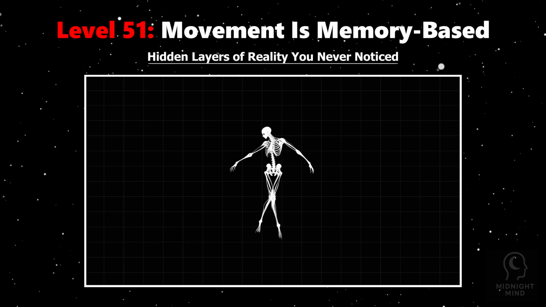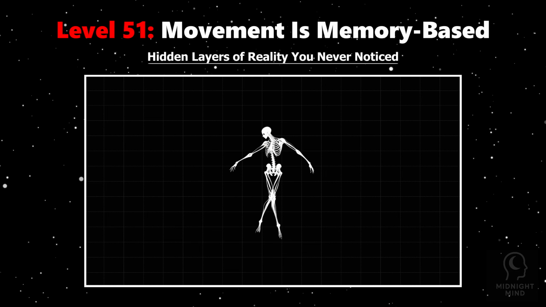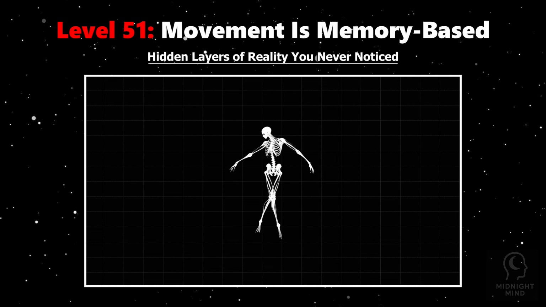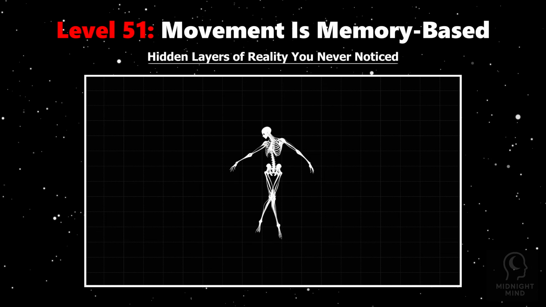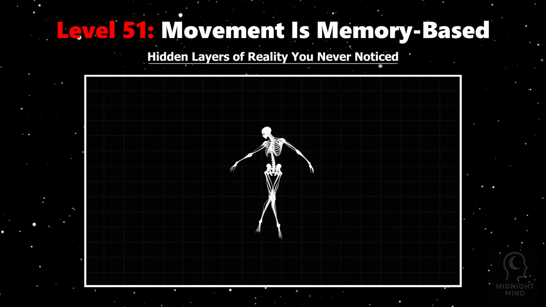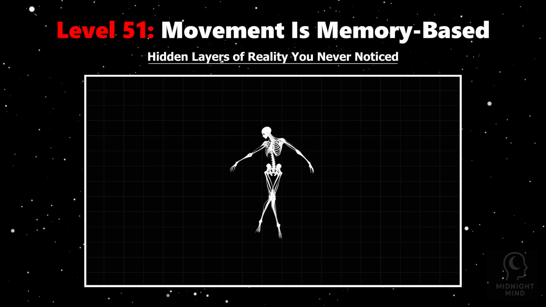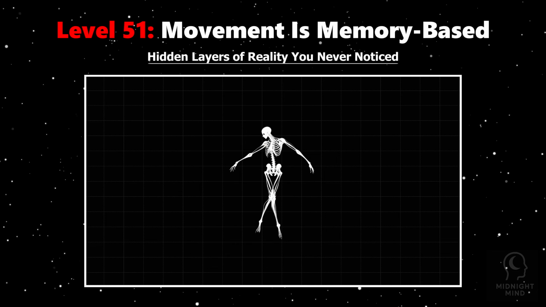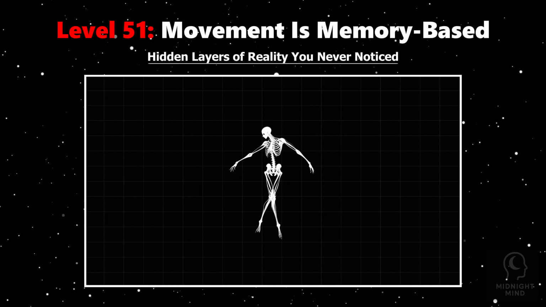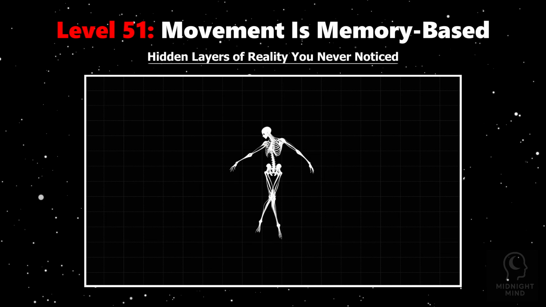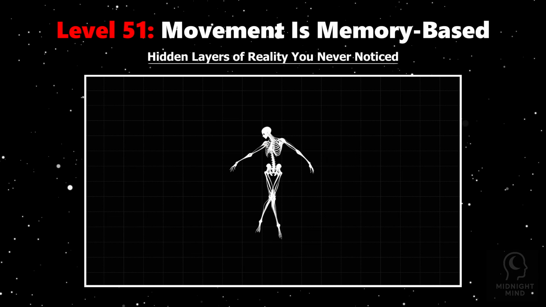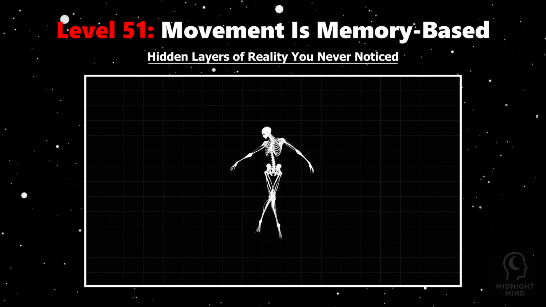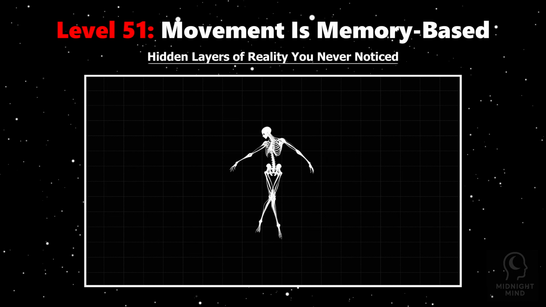Neuroscience shows that many movements originate in subconscious brain regions like the basal ganglia and cerebellum, which store motor memories and coordinate action. These areas prepare and execute movements milliseconds before the conscious brain, housed in the cortex, becomes aware. Experiments with split-second reaction times reveal that the brain sends signals to muscles well before we feel the intention to move.